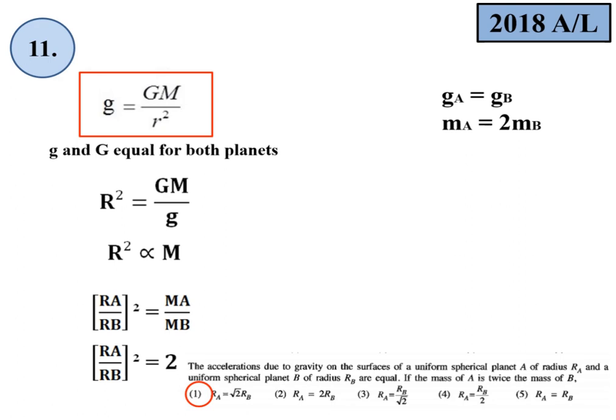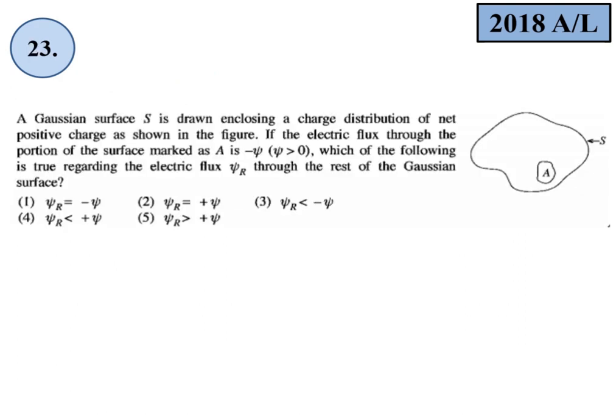Now we move on to question 23, a flux question in the 2018 paper. If you go through my first video on the 2019 paper, we didn't meet any flux related questions, but in the 2018 A-level paper they have touched that area too.